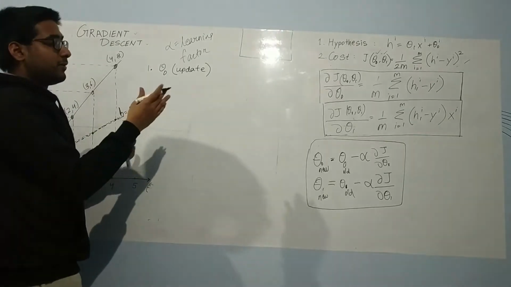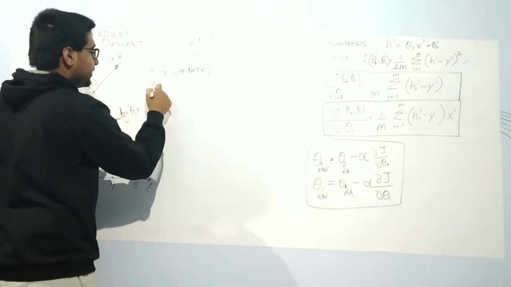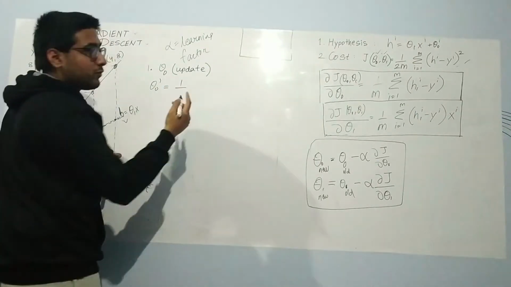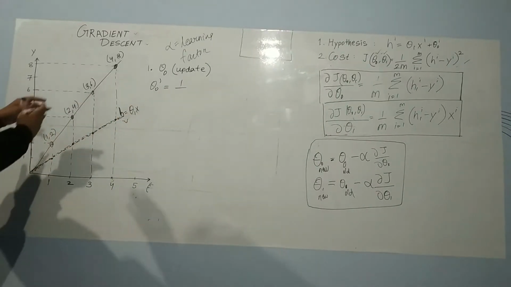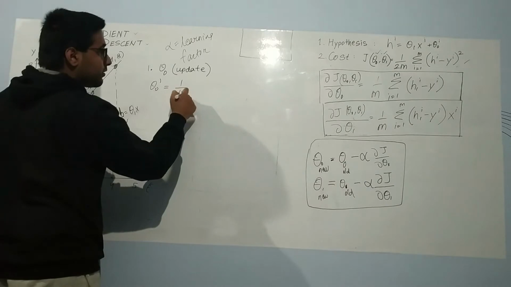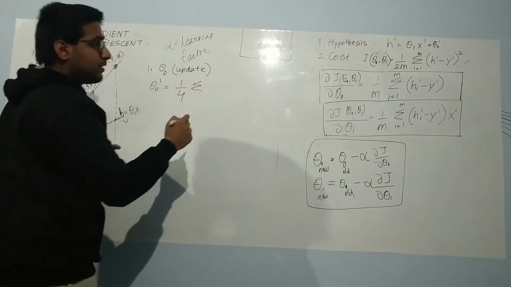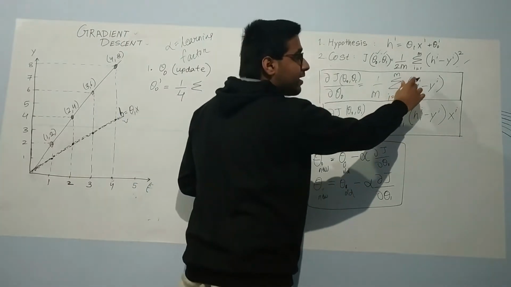So the derivative for theta 0 would be 1 by m, where m is 4. We have taken 4 examples, so m is 4. Summation of h(x_i) minus y_i.